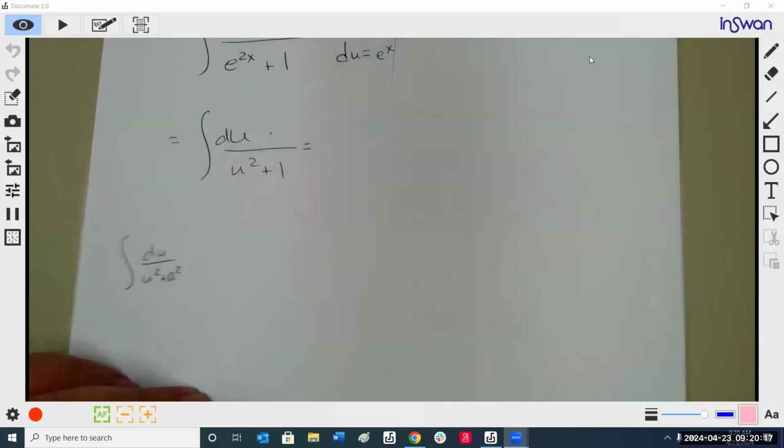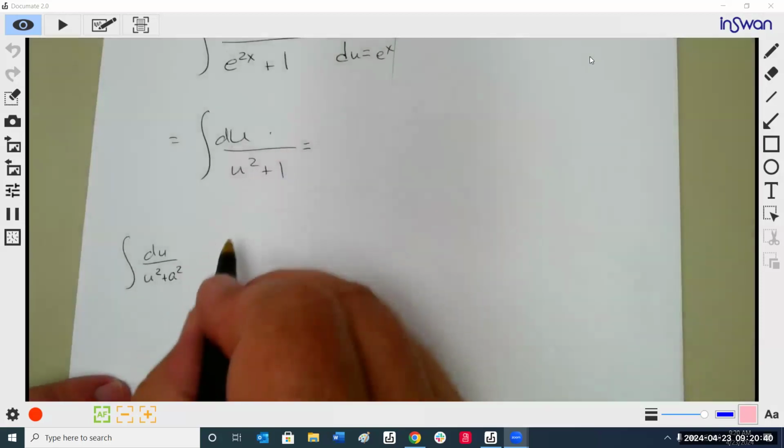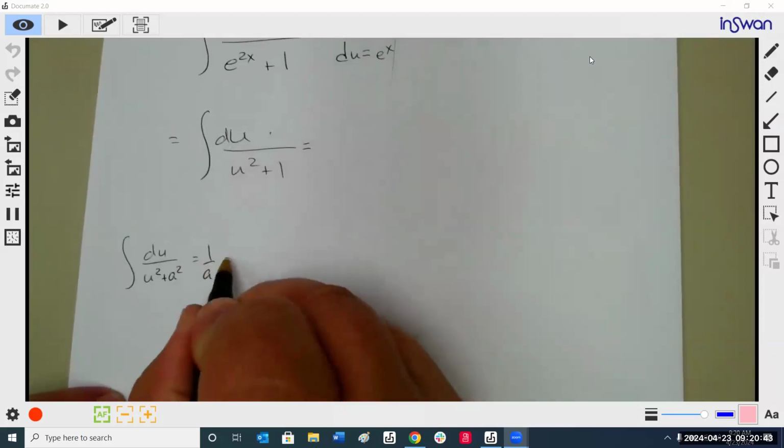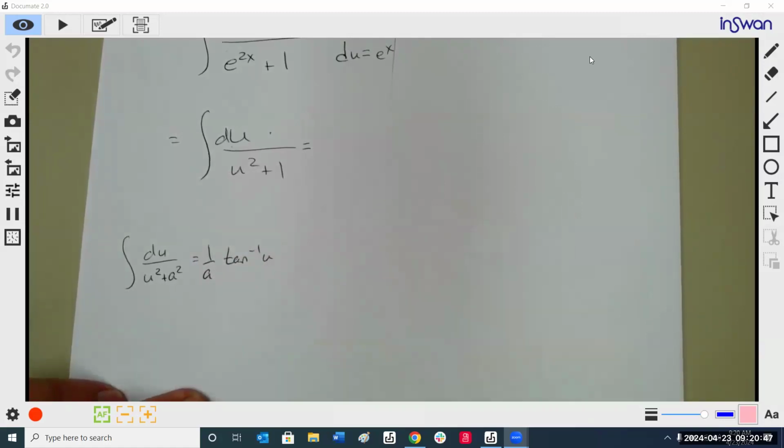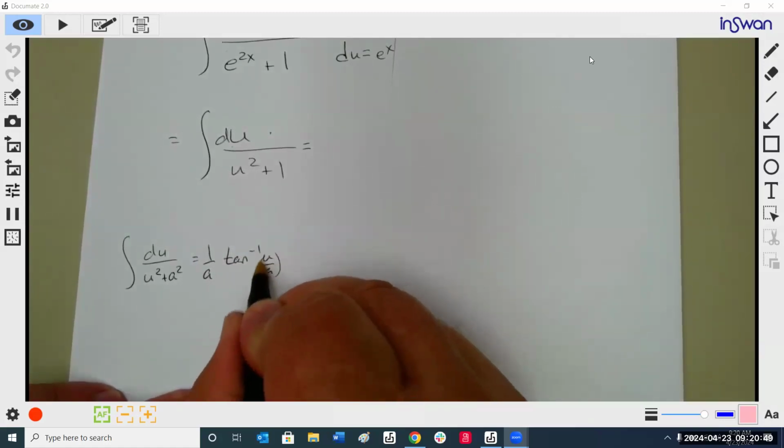What would that equal? One over a inverse tangent of u over a.